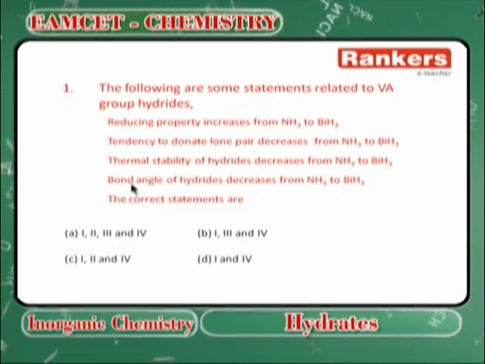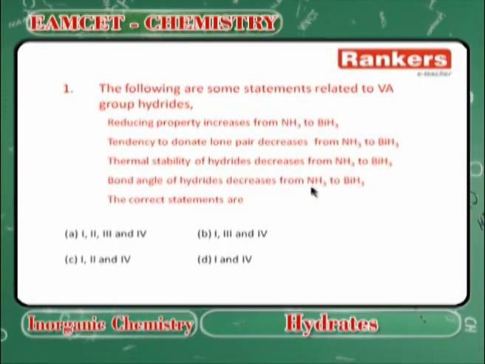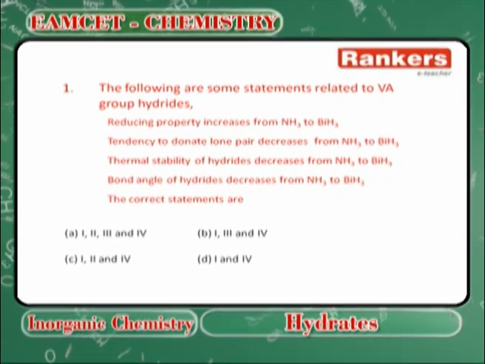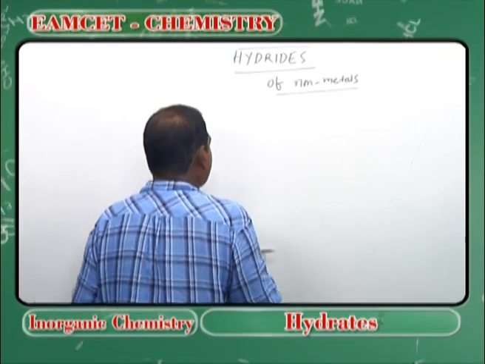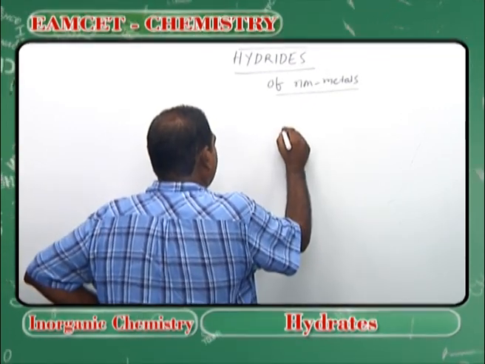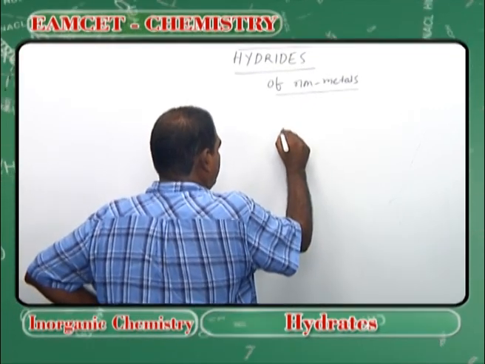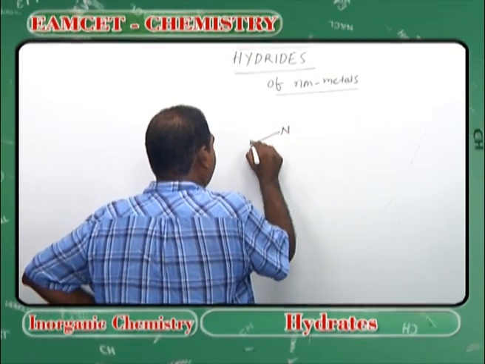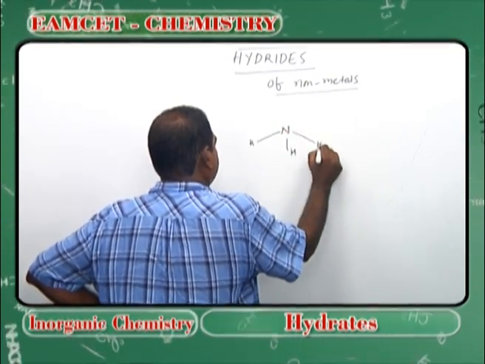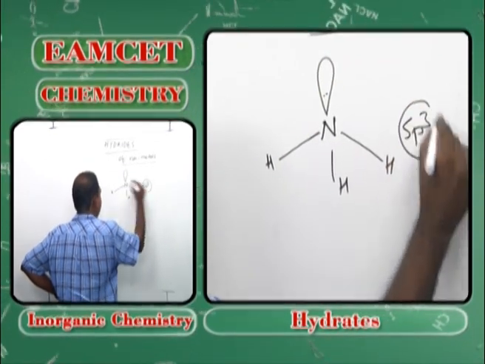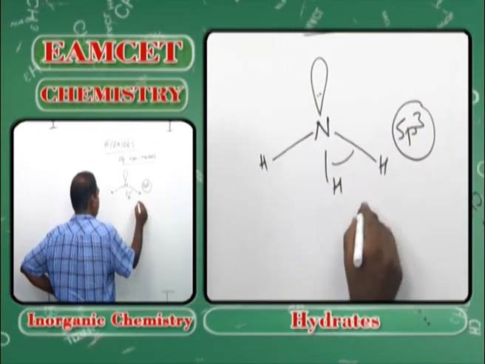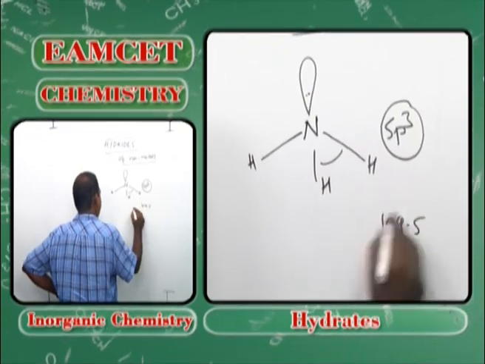Fourth statement, bond angles of hydrates decrease from NH3 to BiH3. That is also correct. How come? We already discussed NH3, sp3 hybrid orbitals participate. The expected bond angle is 109.5.